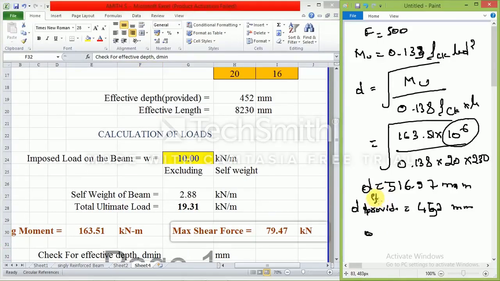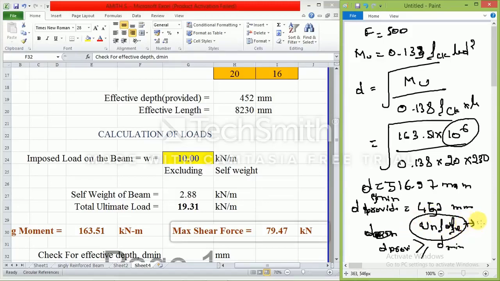D provided should be greater than or equal to D minimum. But here the condition is reversed, so our structure is unsafe.